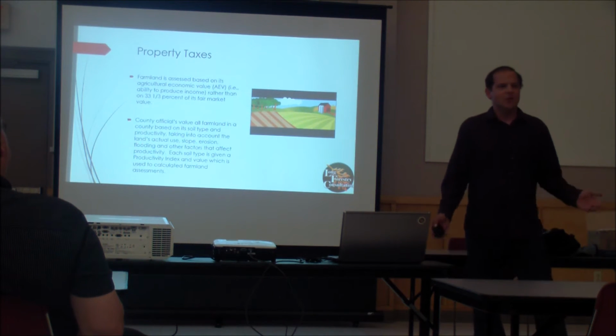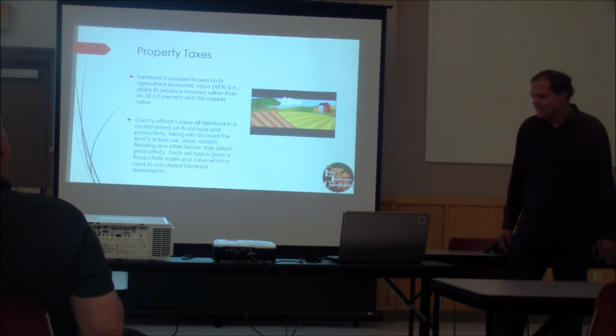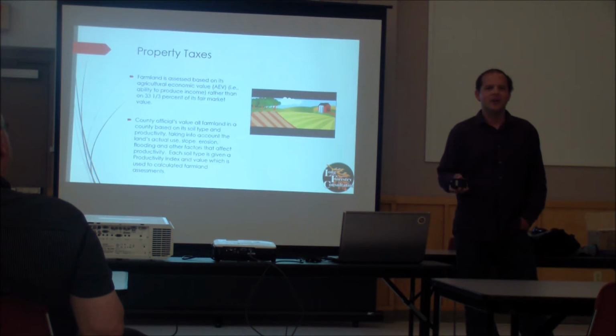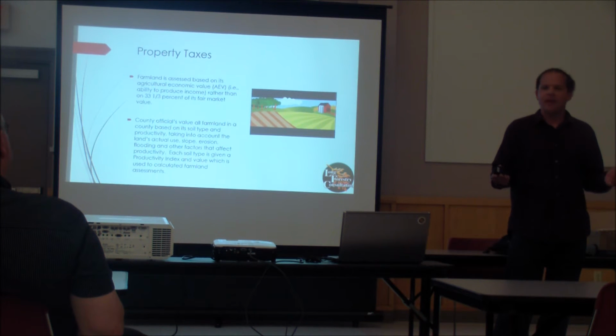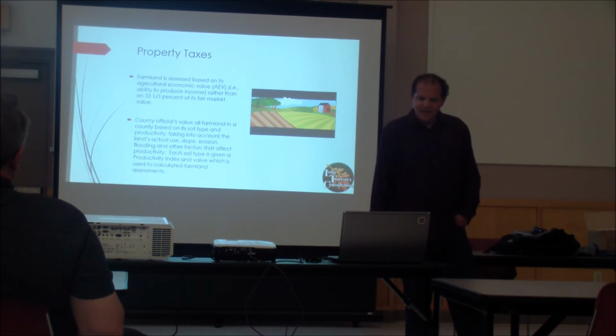Then there's the agricultural base rate, and that's what farmland is taxed at. How they tax farmland is really based on your soil productivity. It's based on how much revenue you can get from the amount of crops that your soils can grow. And that's how they base the tax. So it's based on an agricultural economic value.